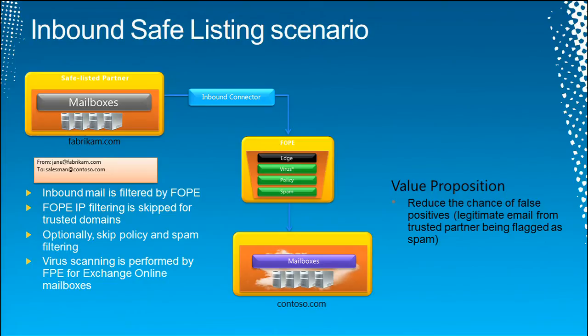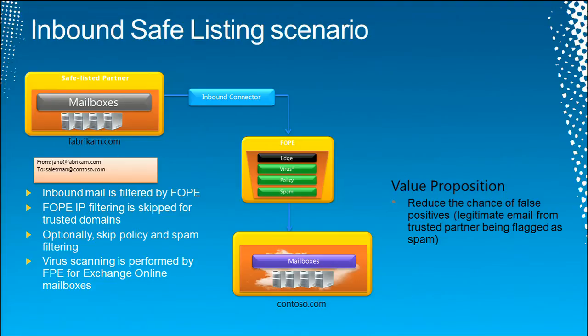In the inbound safe listing scenario, this is again where contoso.com is the on-premise environment, and you want to trust all inbound mail. So you can create an inbound connector that says, hey, all mail from these hosts, from these IP addresses, go ahead and skip spam scanning, connection filtering, any policies.